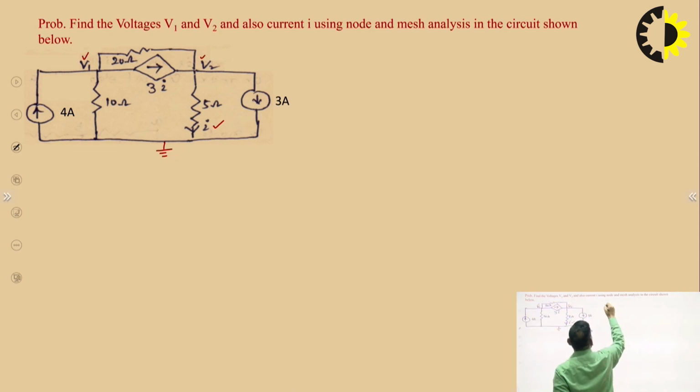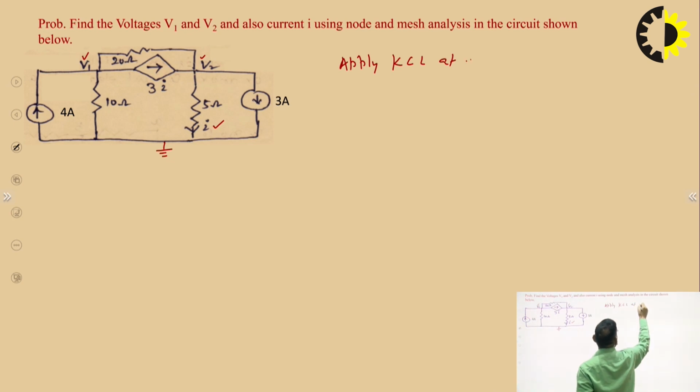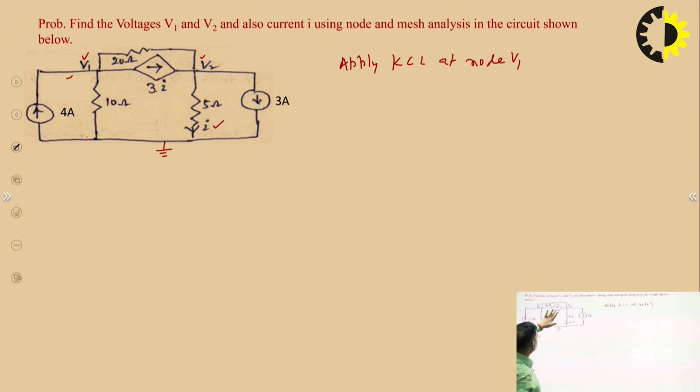So apply Kirchhoff's current law at node V1. Here at V1 there are 4 elements: this 4 ampere current, 10 ohm, 20 ohm, and 3I, a dependent current source. This is basically a CCCS.